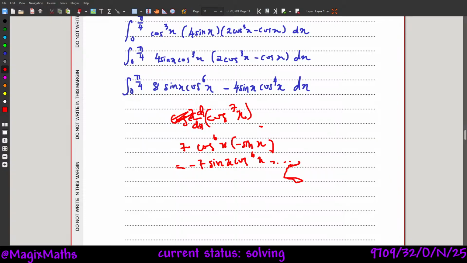What can we do now? Would it have been better to integrate it by parts? Let's just take a look now. Negative 7, and then we're going to have to add 11. So we should be getting 11 somewhere.